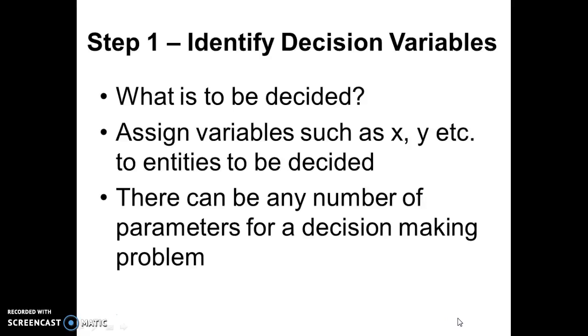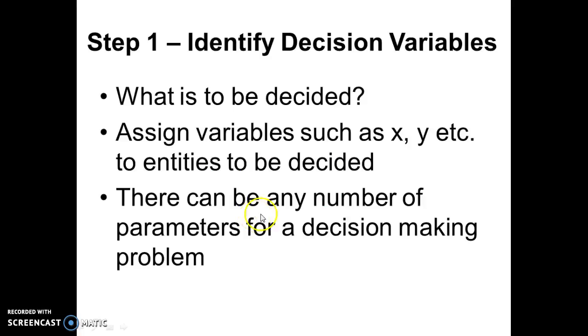Now we want to formulate this as a decision-making problem. Step 1 is to identify decision variables. That means, first of all, we have to decide what is to be decided. And once we decide the decision variables, we can assign variables such as x, y, etc. to the entities to be decided.